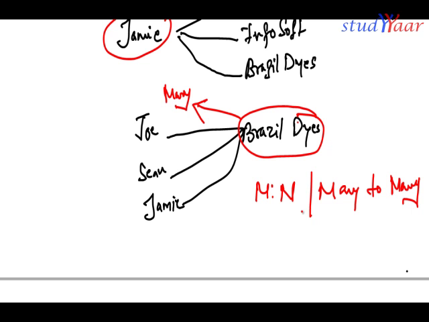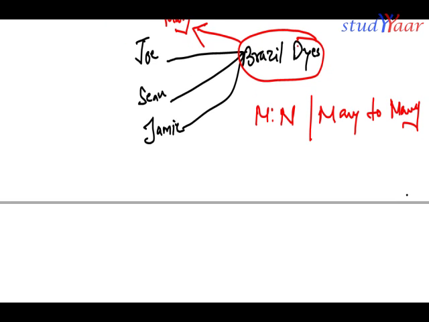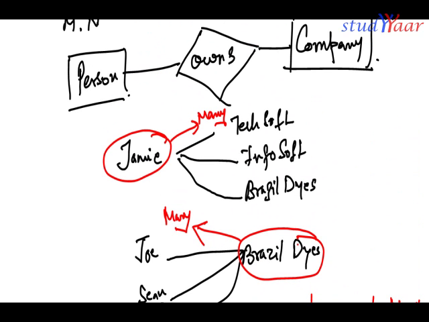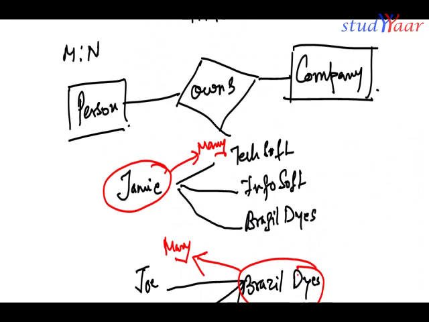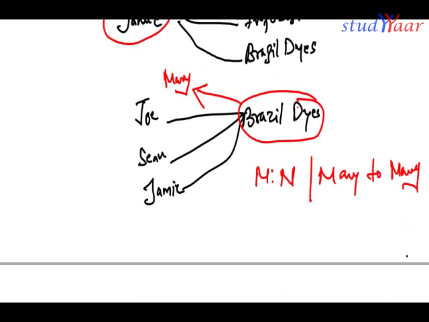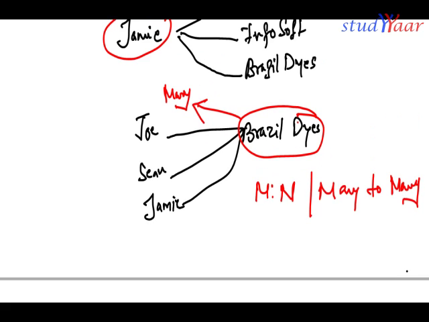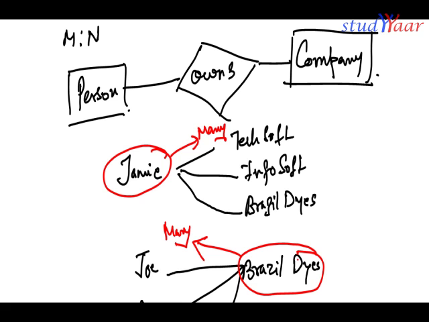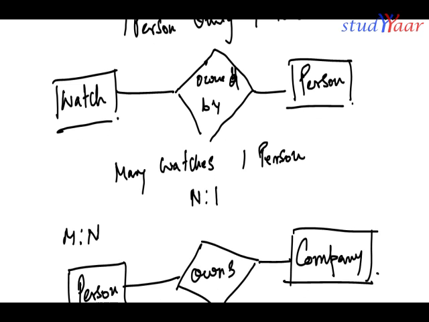Okay, so that was about mapping cardinalities. It tells me how many entities in one set are associated to a particular entity in another set, or it rather restricts the association. In the sense, if I say that this association is n:1, then I'm restricting the fact that a watch can be owned by a single person.